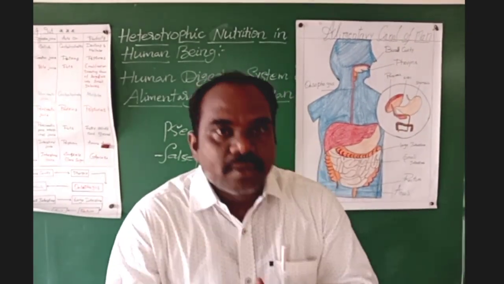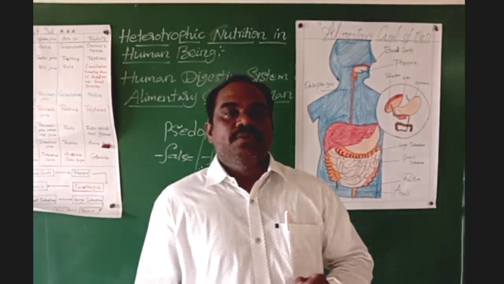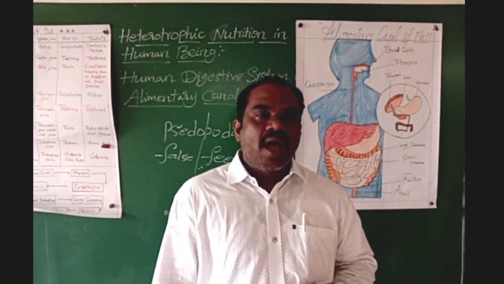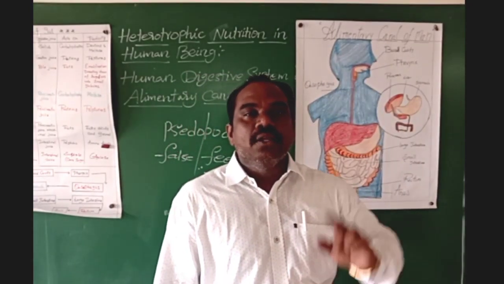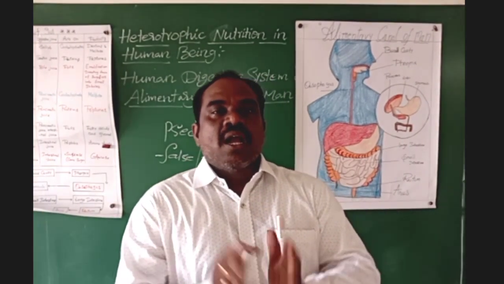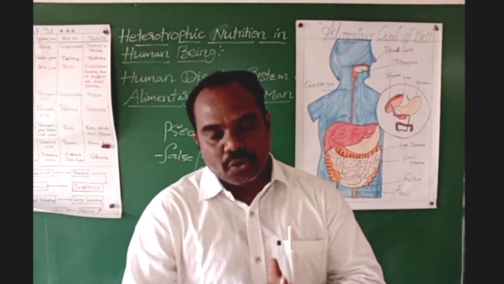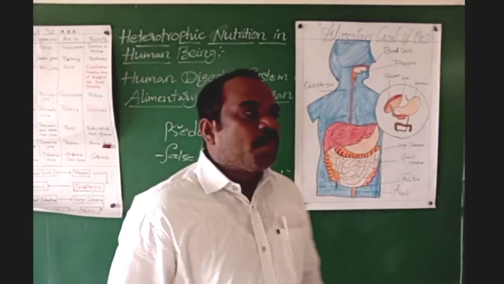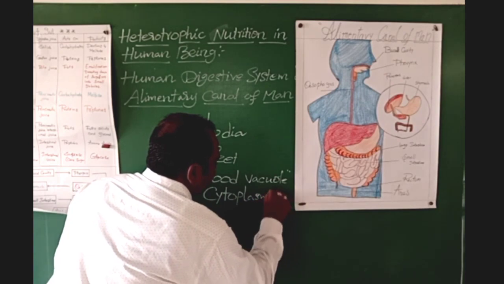Once again I repeat, my dear students: amoeba obtains nutrients through finger-like structures called pseudopodia, and these food materials enter the amoeba body through the food vacuole. Complex molecules are converted into simple molecules. These simple molecules enter into the cytoplasm of the cell.